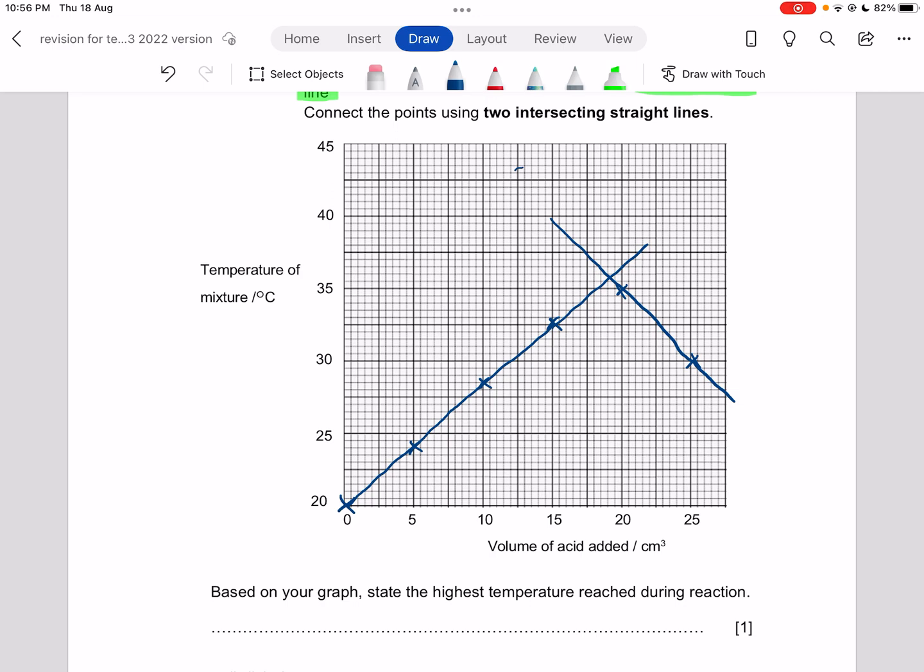In my case, the highest temperature is reached here. So I think around 35.5.